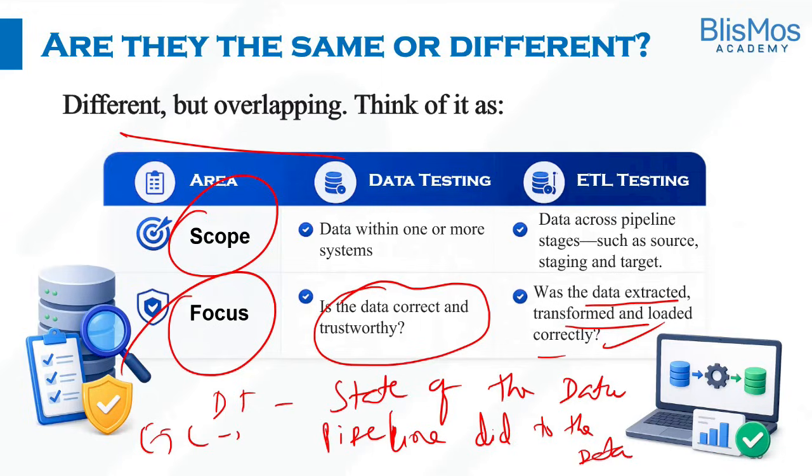Data testing says we have duplicates, the data quality is bad. On the other hand, ETL testing goes one step further and asks, why did the pipeline create those duplicates? Was the join wrong? Did the incremental load process the same record twice? That difference is very, very important.